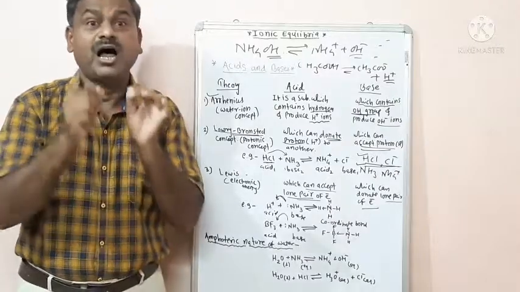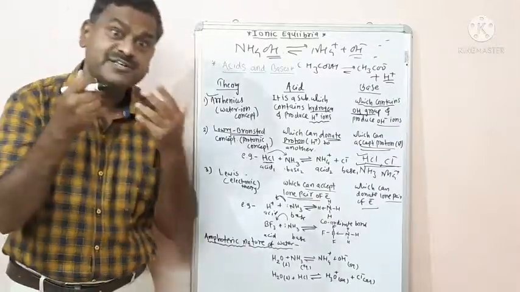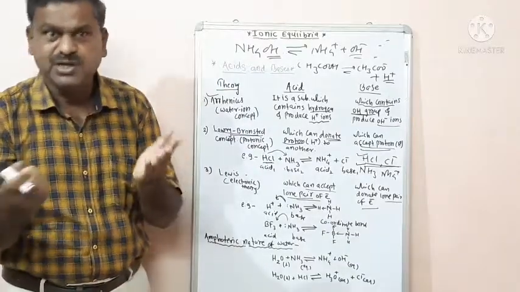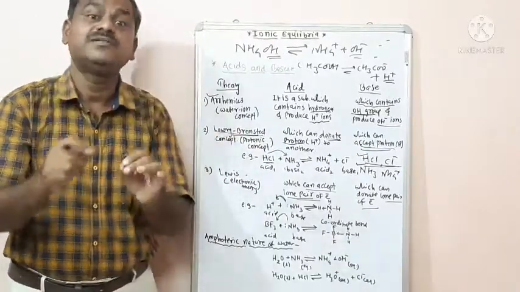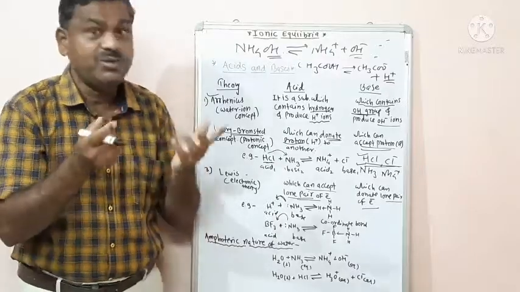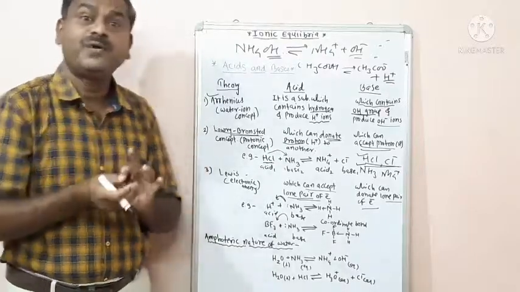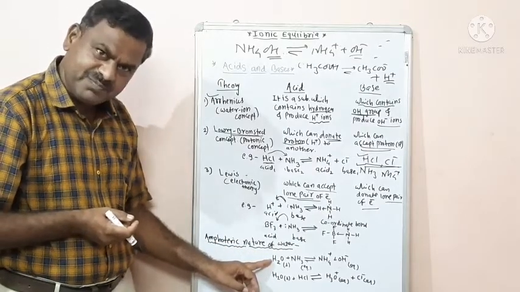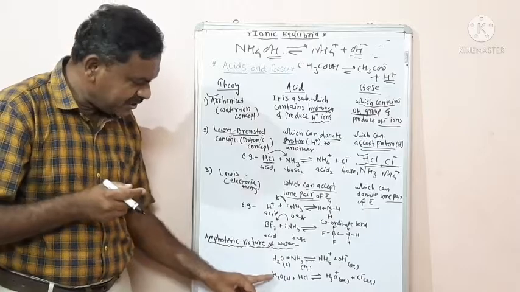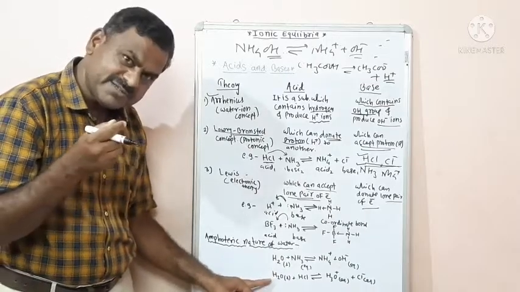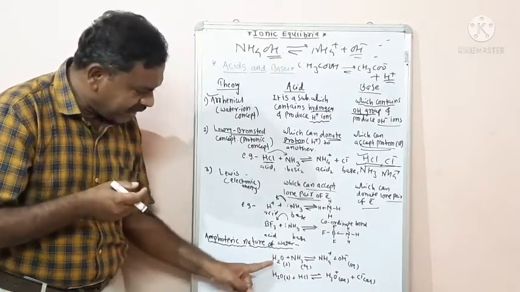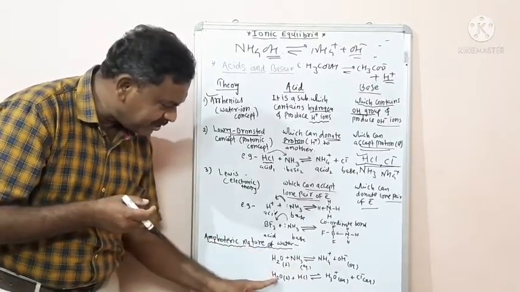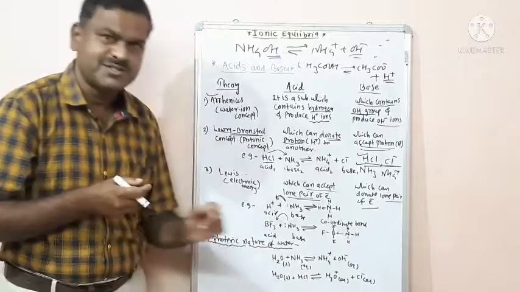First define amphoteric nature: a substance which acts as an acid as well as a base. Then write at least two examples: in the first, water is the acid, and in the second, water is a base.